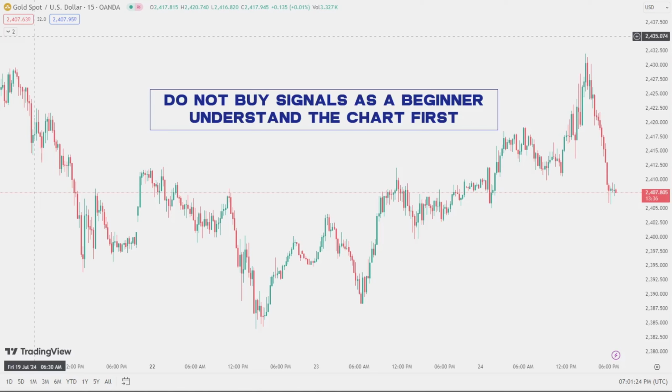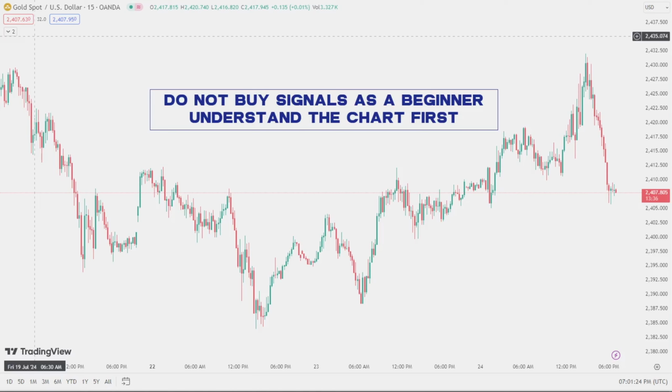Now, if you know the chart and you know the signal that they give, what do you do? You find the entry on your time frame, because on his time frame it might make sense and his stop loss is going to be huge. But on your time frame, what happens? It wouldn't make sense, because you might get stopped out before the trade even manifests.